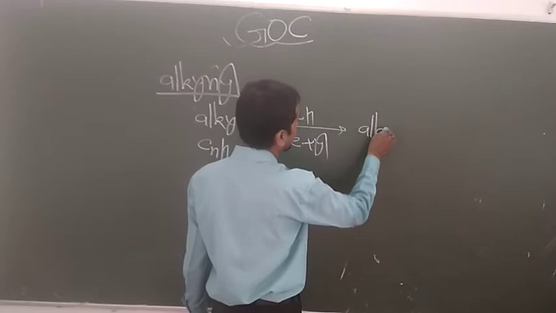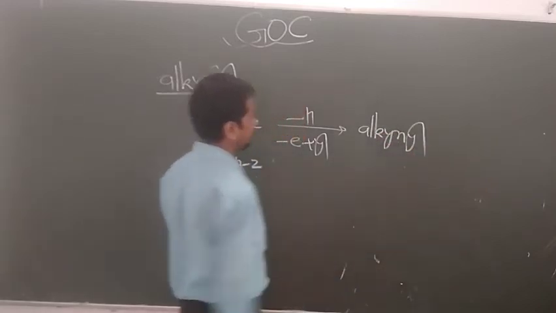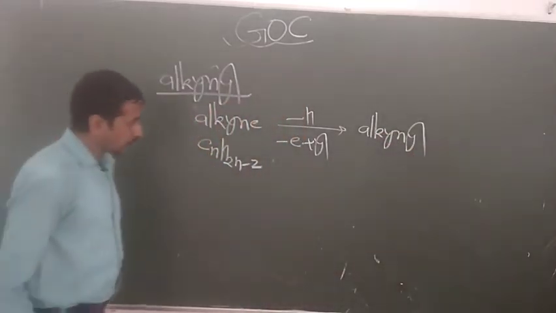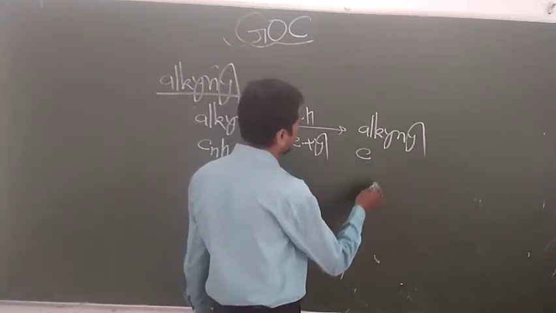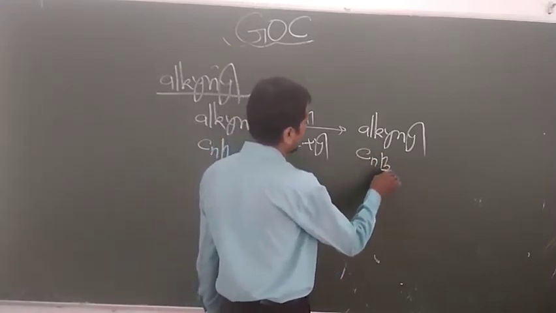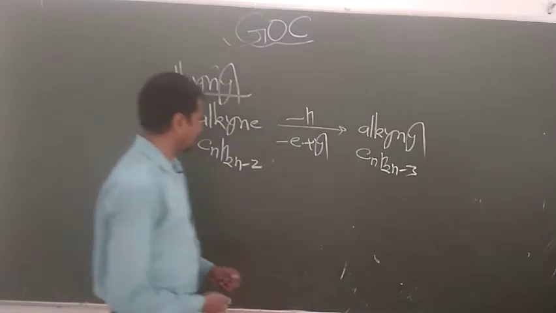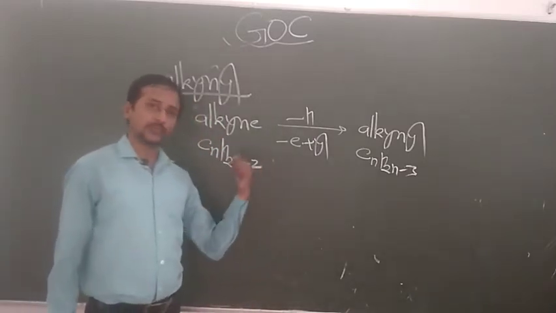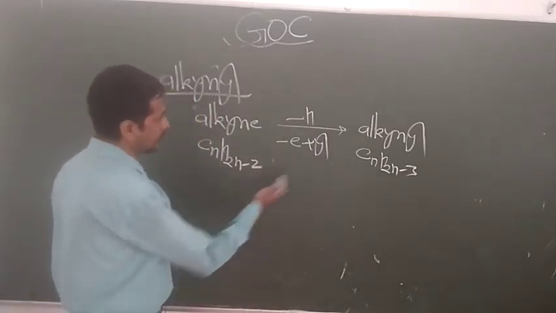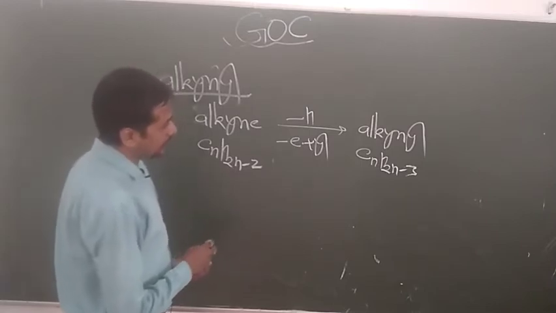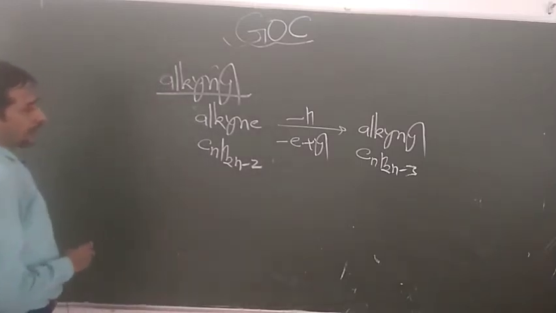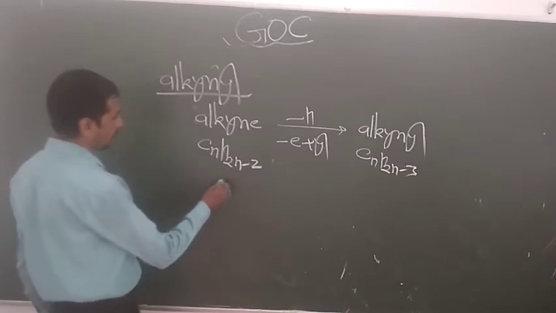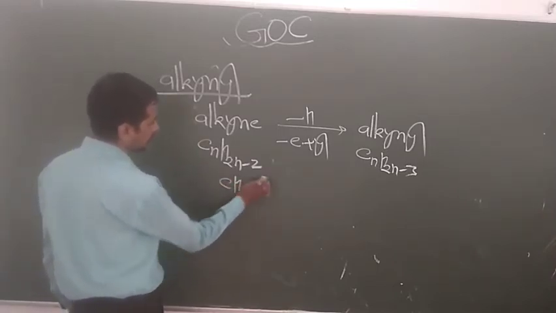Now this will give the alkynyl group. The general formula of this group is CnH2n minus 3, because one more H is removed from here. So that's why the formula becomes CnH2n minus 3.